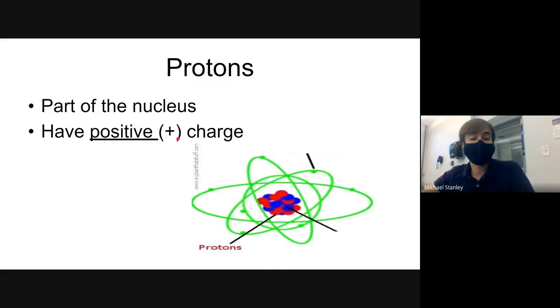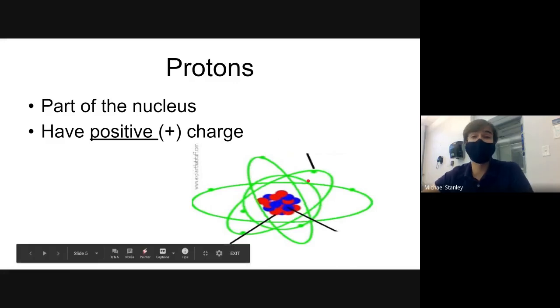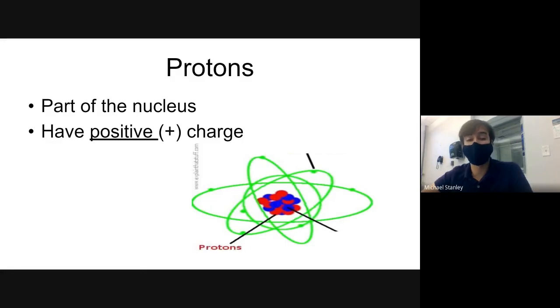These guys hang out in the nucleus and they have a positive charge. So each one of the particles that we're going to talk about tonight has some form of an electrical based charge on it. And protons have what's called a positive charge.